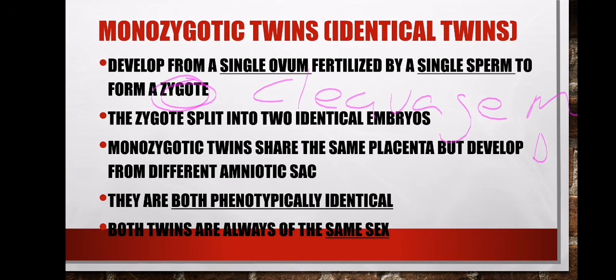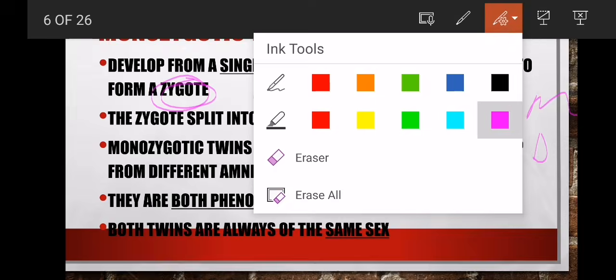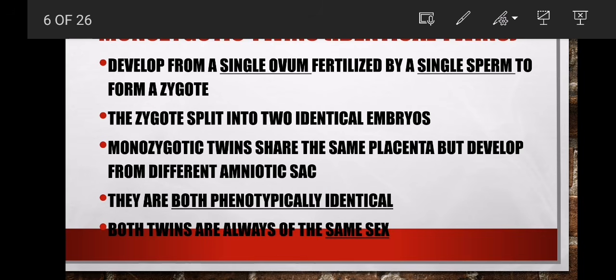But if the sperm cell contributes the Y chromosome, they will be males. We will get into this when we look at sex determination, when we talk about genetics in paper 2. That's what I wanted you to note on this one. Let's look at a diagram that will assist us to understand everything.